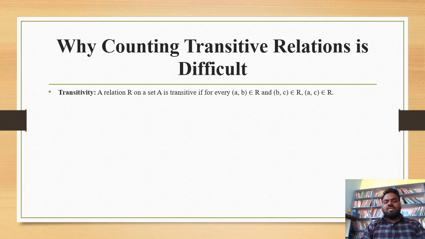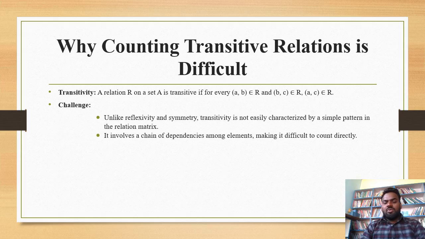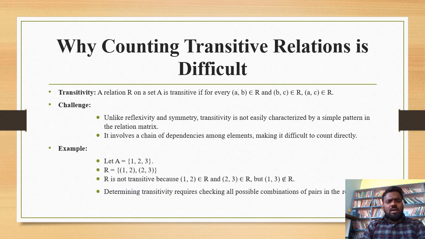A relation R on a set is transitive if for every (A, B) belonging to R and (B, C) belonging to R, then (A, C) should also belong to R. The challenge is that, unlike reflexivity and symmetry, transitivity is not easily characterized by a simple pattern, as I mentioned in the previous slide. It involves chain dependence among the elements, making it difficult to count directly. So it is almost impossible.